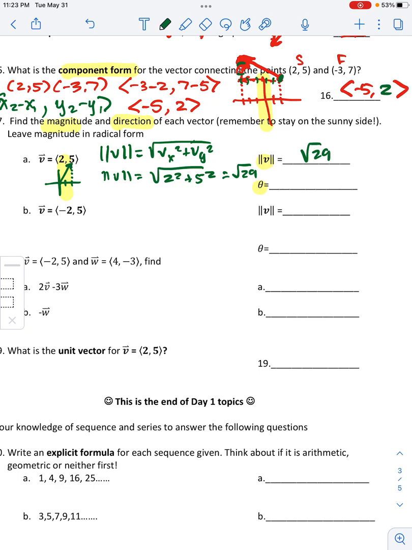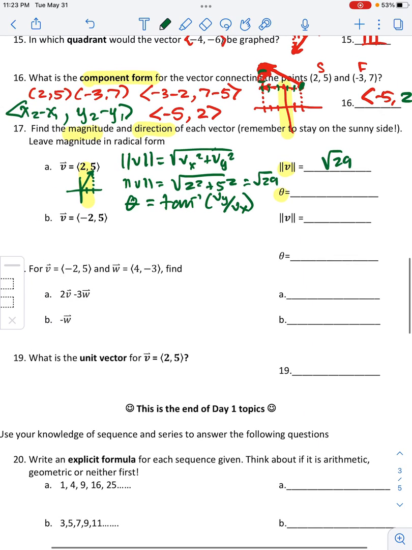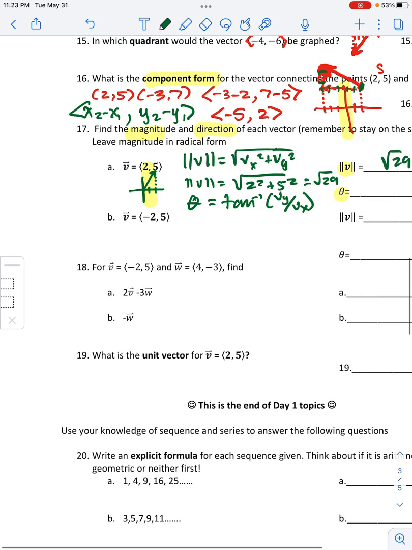And then it's asking for the direction. The direction is exactly like we did with the polar. You do the tangent inverse of the y part over the x part. So in this particular problem, I would go to my calculator and look for tan inverse 5 over 2.